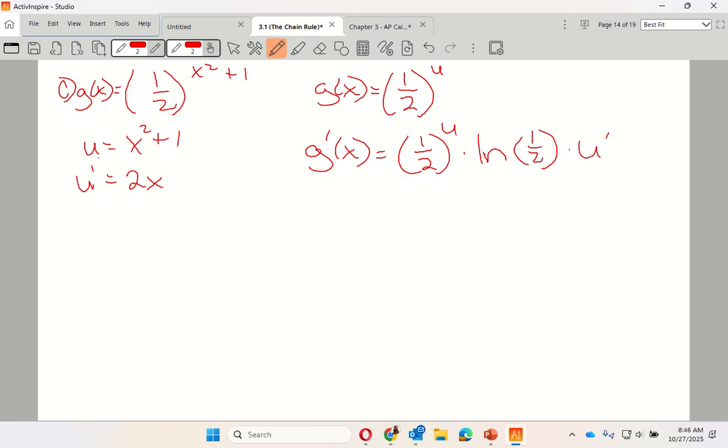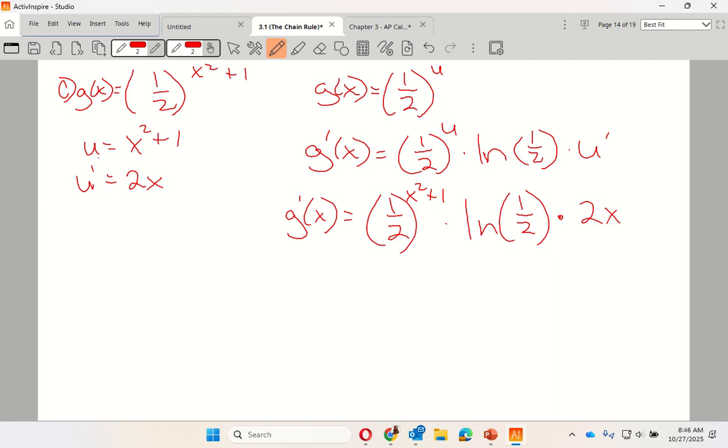So g prime of x is equal to 1/2 to the x squared plus 1 times ln of 1/2 times u prime, which is 2x.